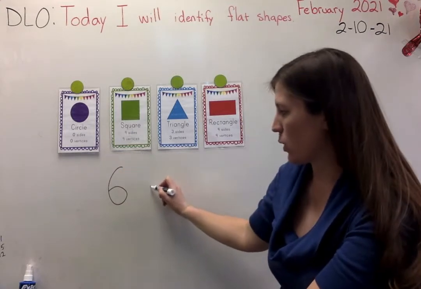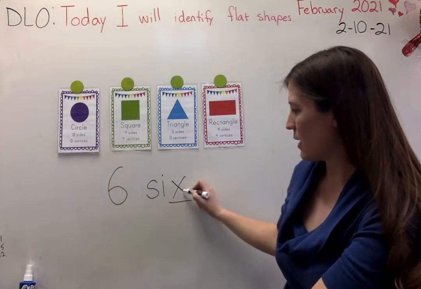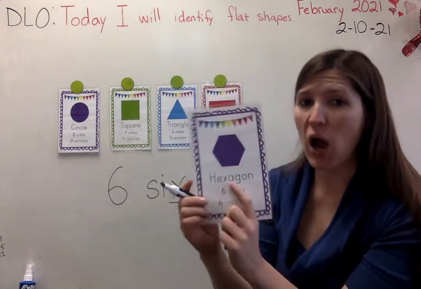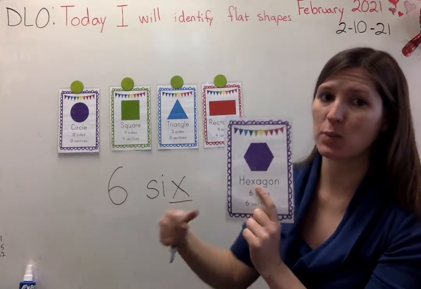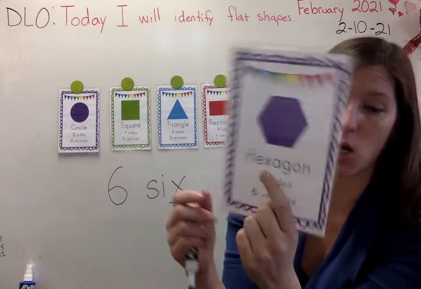When you write it as a word, S-I-X, it has an X in it. Hexagon has an X in it. So that's how I remember that a hexagon has 6 sides, because the word 6 has an X, and hexagon has an X.